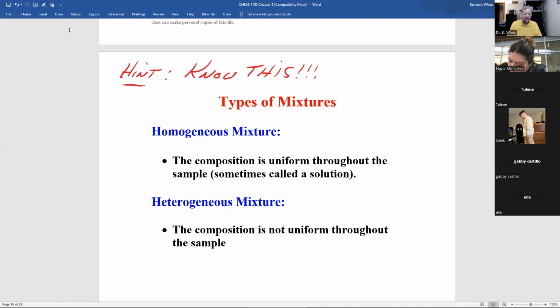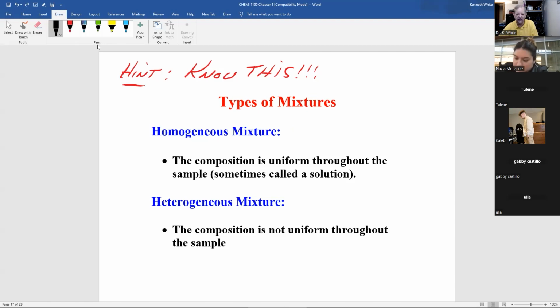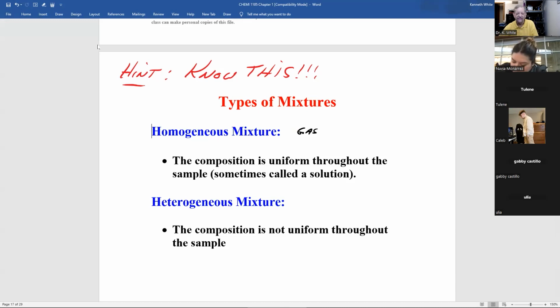An example of that would be your gasoline, a homogeneous mixture.